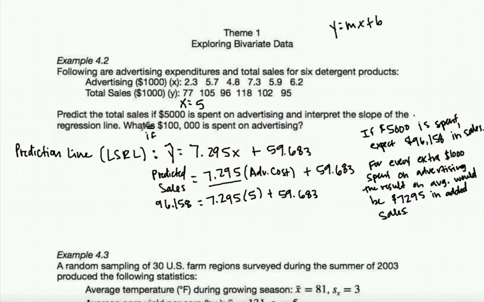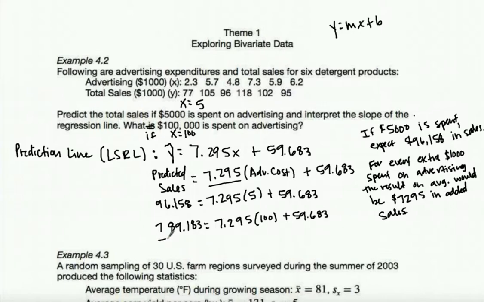And so the very last piece says, what if $100,000 is spent on advertising? So remember again, if it's asking us for $100,000, we have to think about what our x value would be at $100,000. Our x value is going to just be 100. So to find our predicted sales for that, we're still going to use that same 7.295, change our 5 this time to 100, and still add that 59.683. Whenever you do that, you're going to get 789.183.